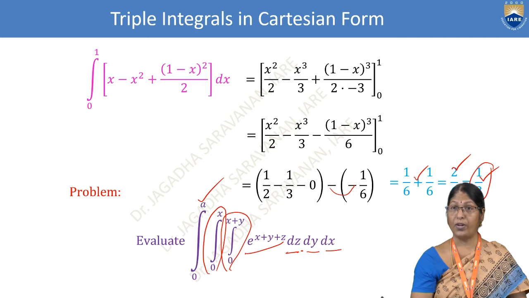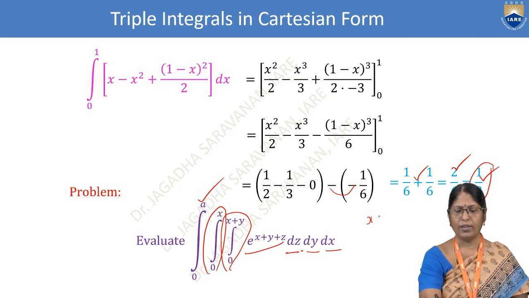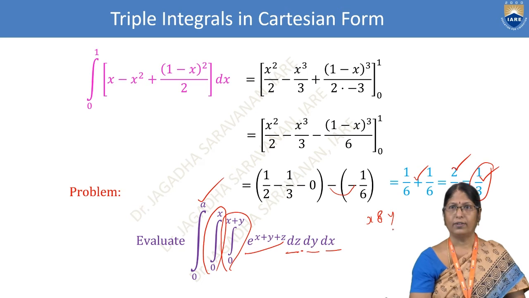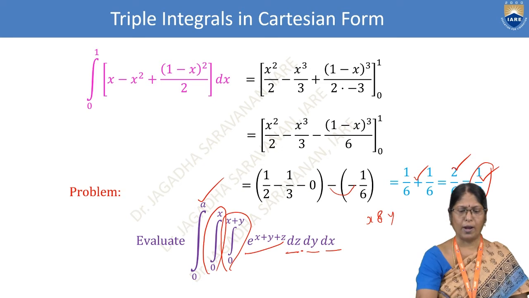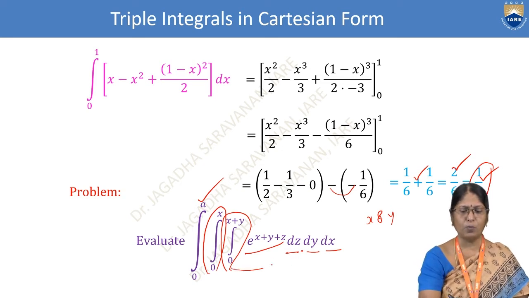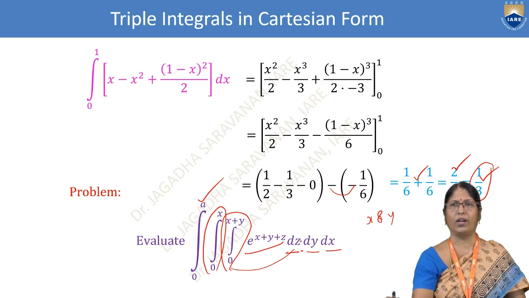So for the question, we have to see whether any modifications or changes are required according to the limits. The innermost limit is a function of x and y. Then which is the dependent variable? Totally we have 3 variables, x, y, z. The innermost limit is a function of x and y, the leftover is z. So compulsorily we have to do the innermost with respect to z only.